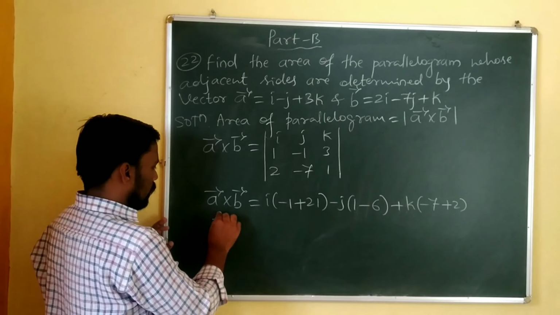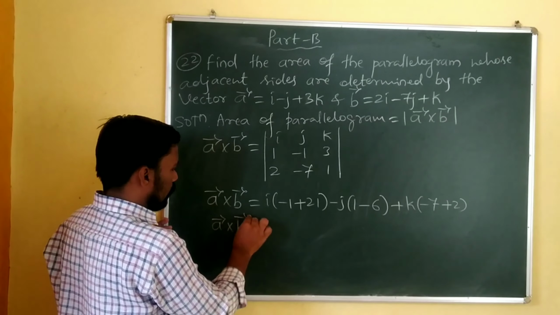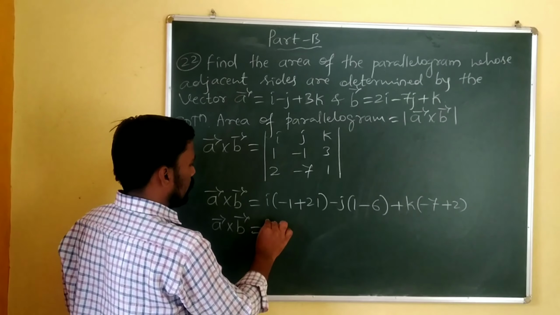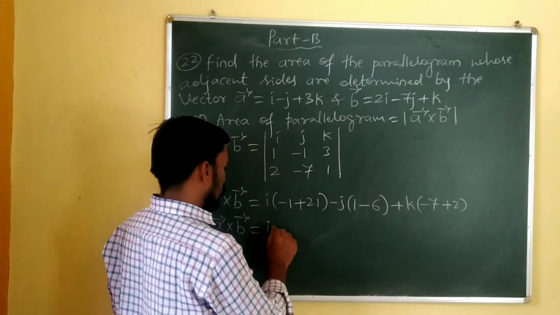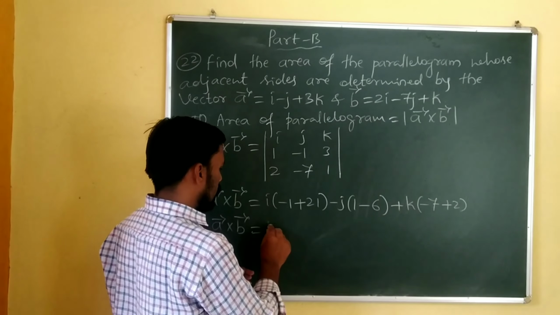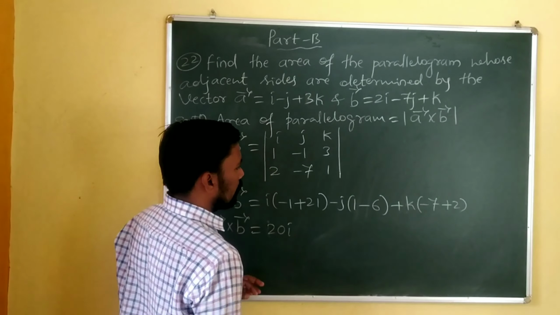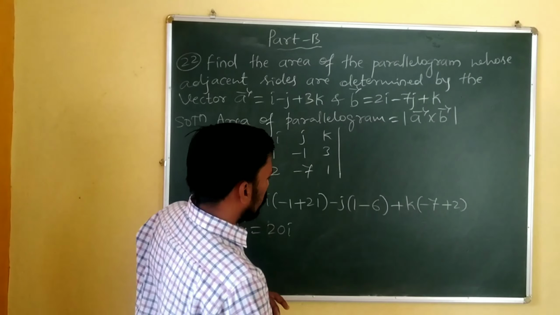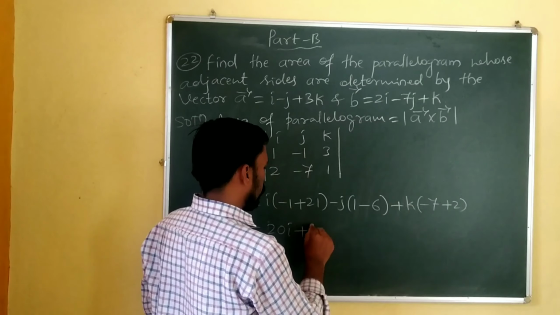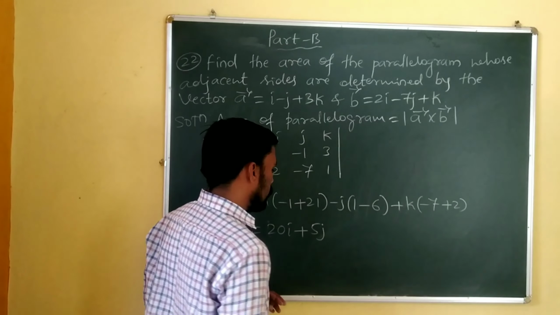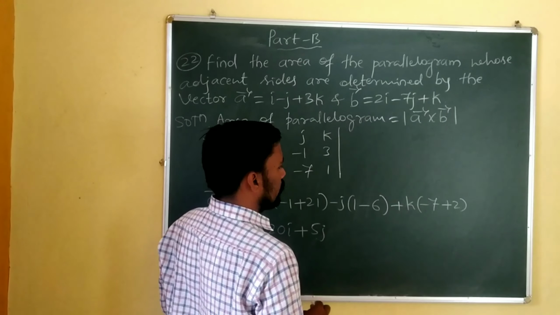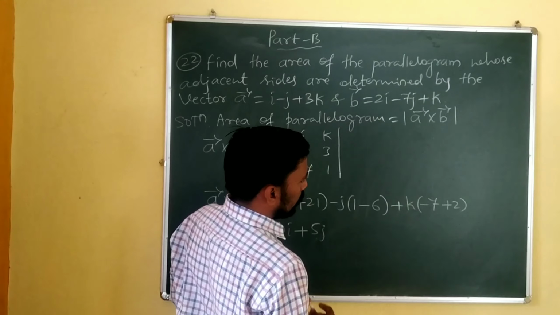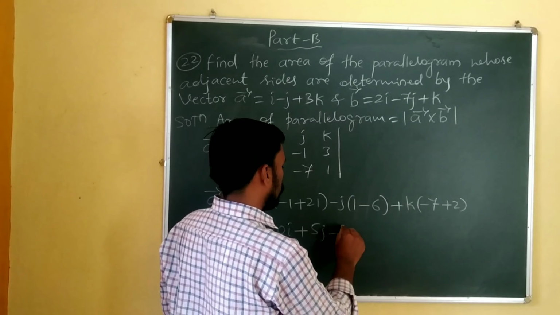So A cross B is equal to I into plus 21 minus 1, which is plus 20. I can write it directly. It is 20i. 1 minus 6 minus 5, minus into minus plus 5 times of j, 5j. Minus 7 plus 2, minus 5.